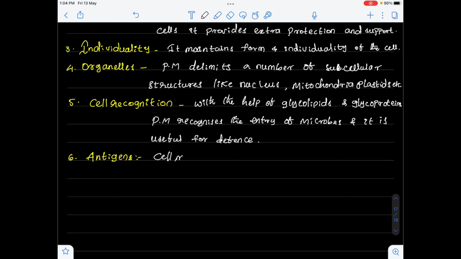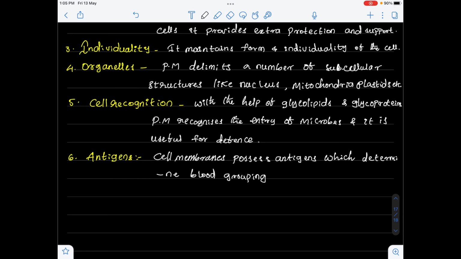Cell membranes possess antigens which determine blood grouping, and acceptance or rejection of a transplant.